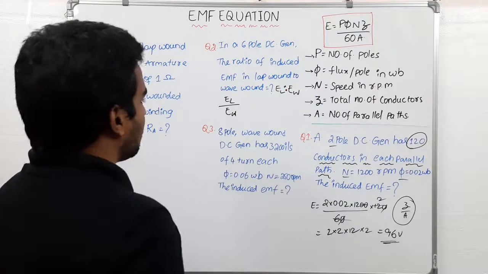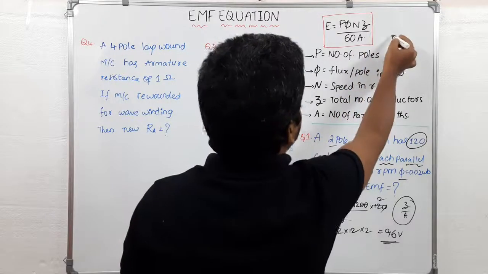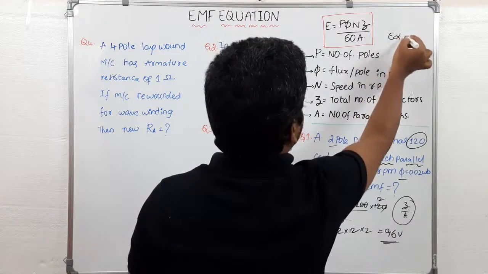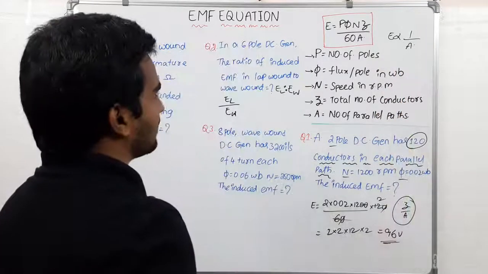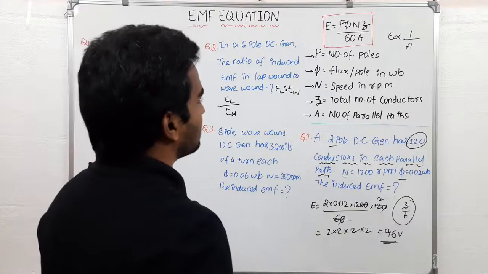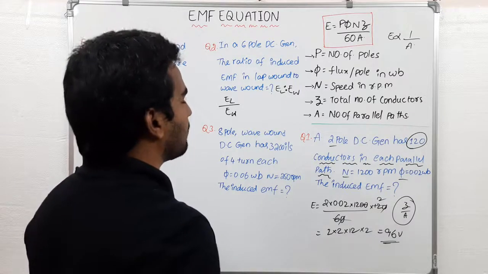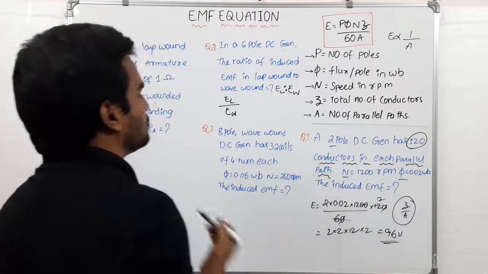If we observe the equation, the generated EMF is inversely proportional to the number of parallel paths, and we all know that the number of parallel paths in a lap wound machine is equal to the number of poles, and in a wave wound machine it is 2.